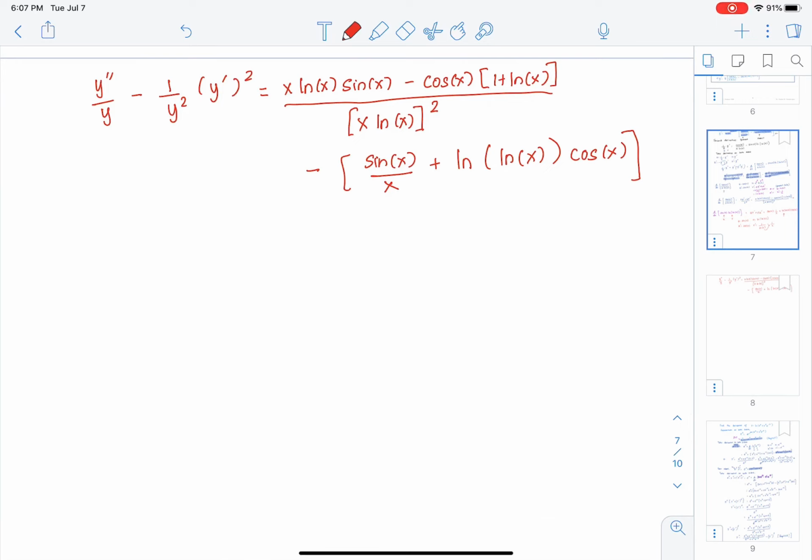We want to solve for the second derivative, so what I'm going to do is move that term to the other side.